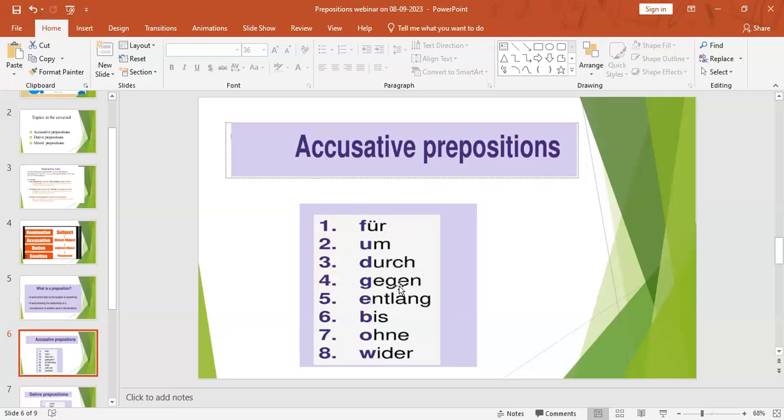Durch means through. Gegen means against. Entlang means along. Bis means till or to. Ohne means without. We are going to see examples of how we can use the accusative prepositions.